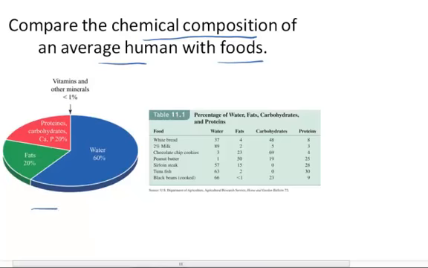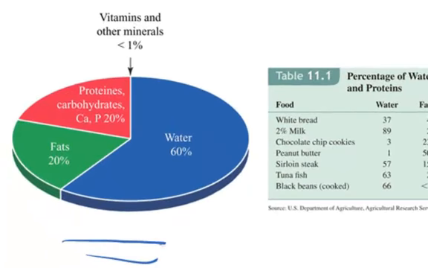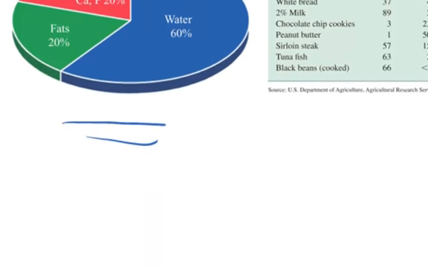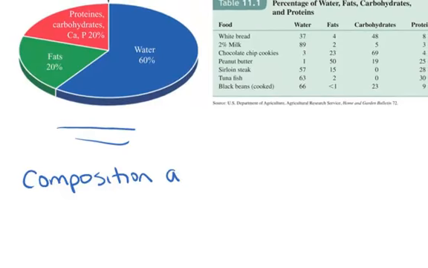All right. First of all, this particular pie chart here is the composition of an average human body.